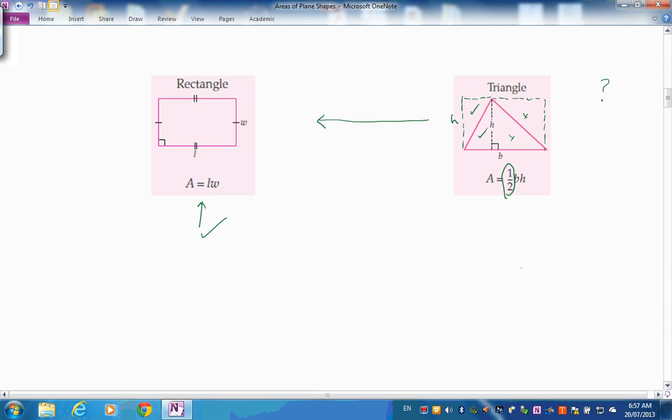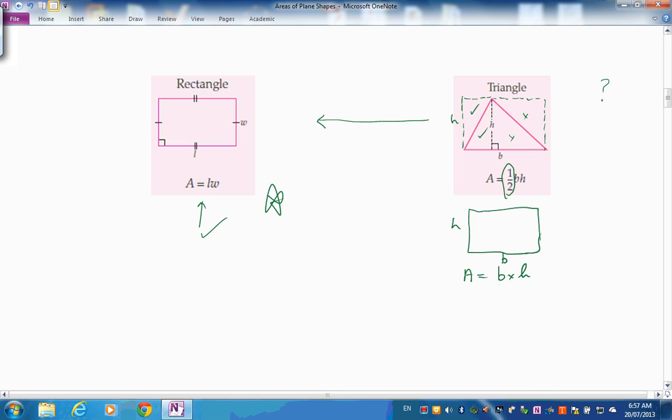Okay, so what have we got? Well, let's take the whole green rectangle, sorry, we've made it up like that. Now it's H and B, so the area of that is length times width from over here, from before. We're building, once we've established that one we can build on it.